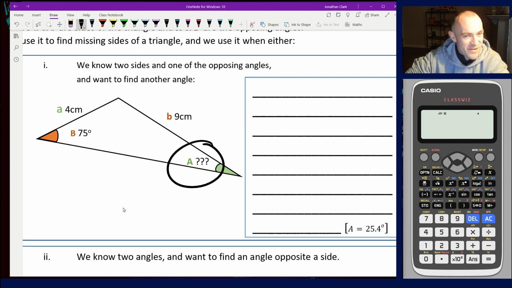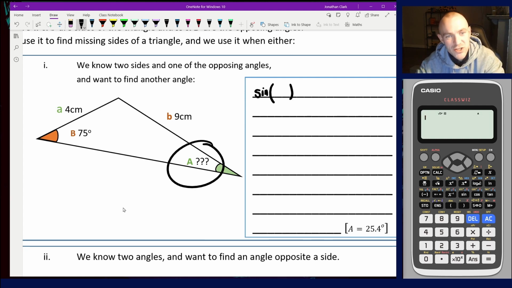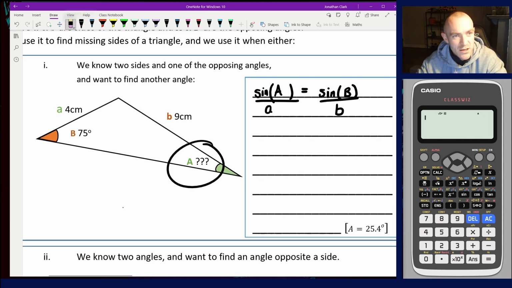So because I'm trying to find an angle, I'm going to write down the version of the sine rule where the angle expressions are on top. And I'm going to replace everything that I can. So I know that side A is 4.